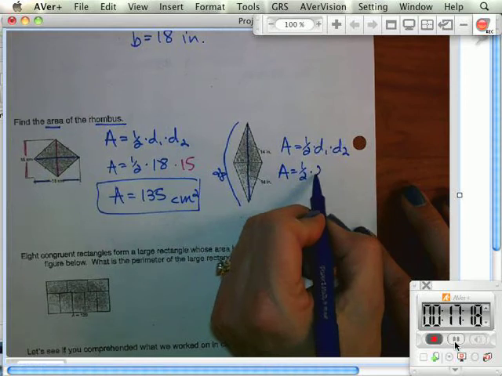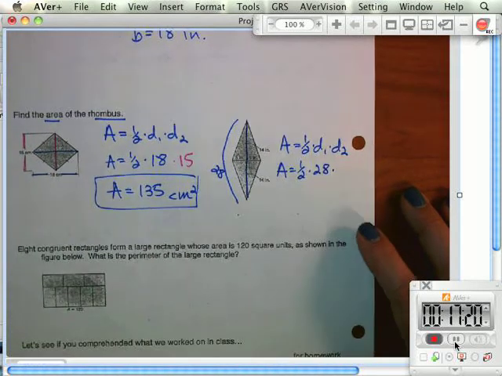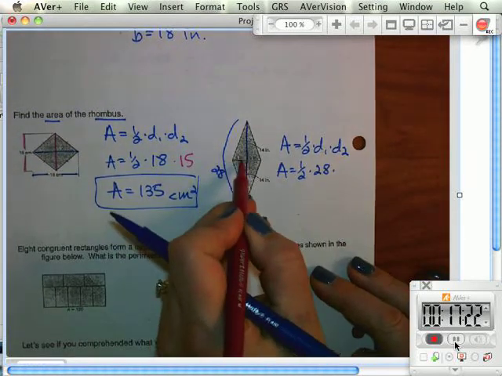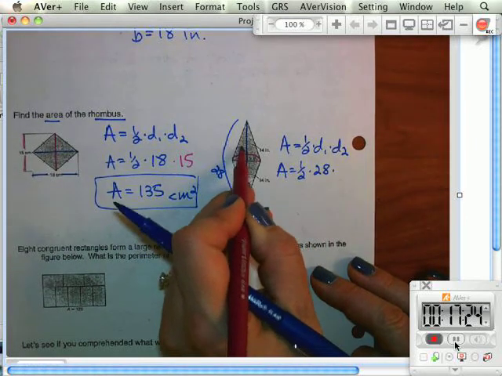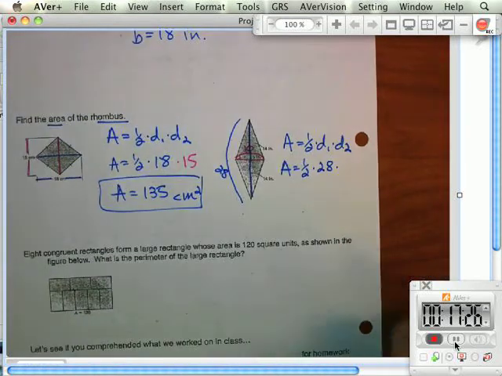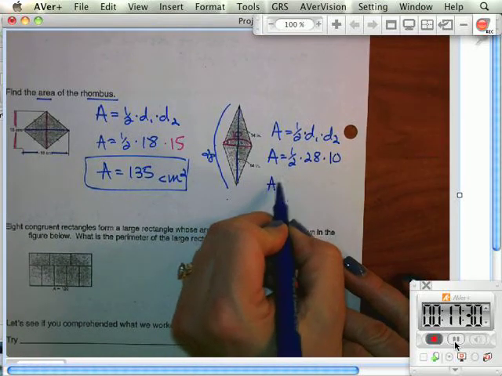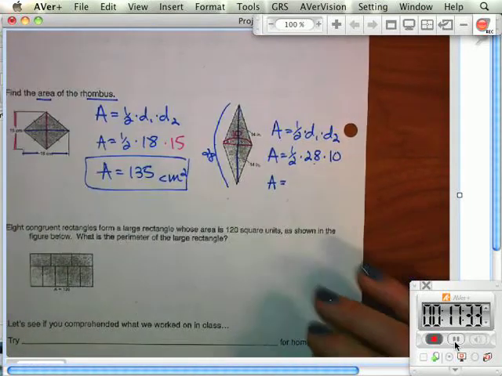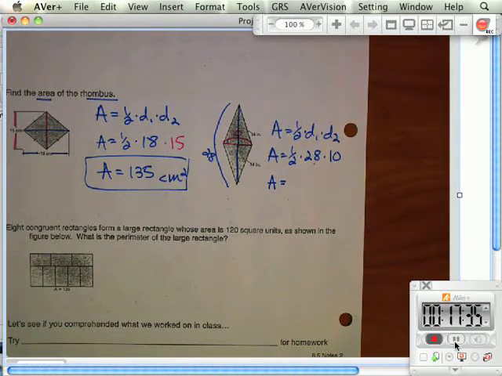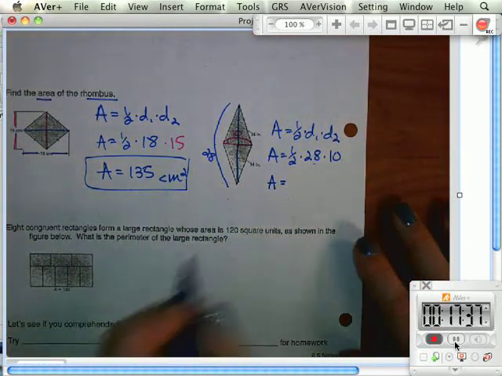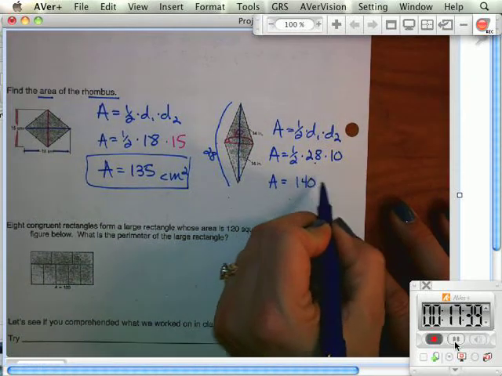So one of them is 28. And then they're giving me a piece here and a piece here for a total of 10 for the other diagonal. Don't need a calculator. What's half of 28 times 10? 140. Inches squared.